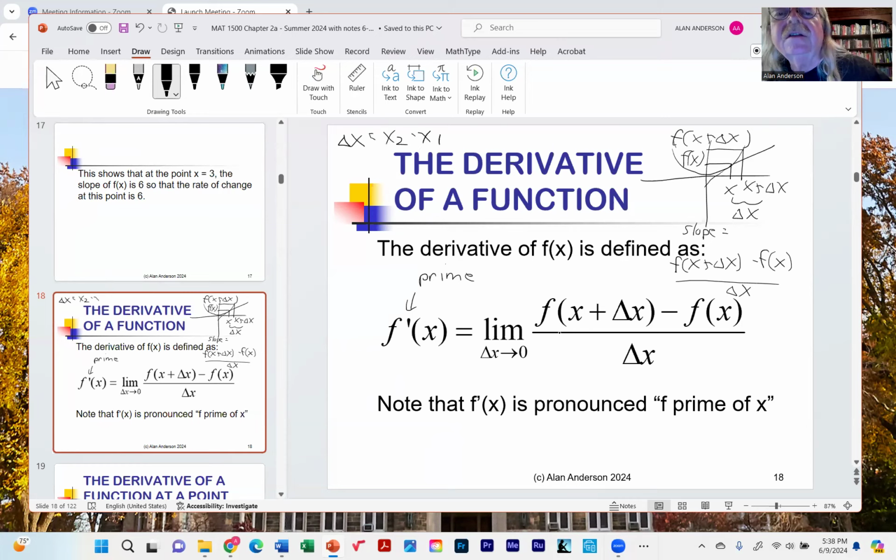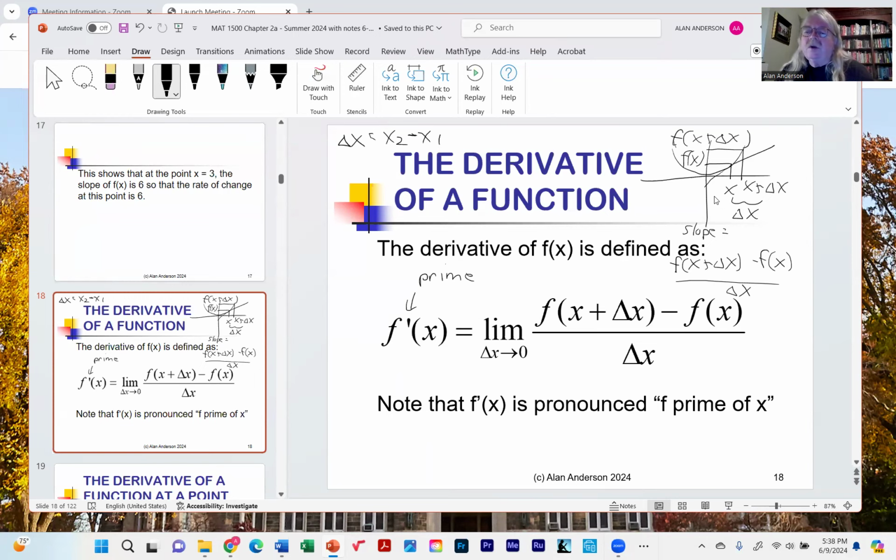So that's why we can write the denominator very simply as delta x. And so now, though, what we need to do is take the limit as delta x gets smaller. So in other words, right now, whatever result we have is the slope only at that point. What we need to do is shrink up delta x as close as possible to zero to find the derivative. Okay. And so we're going to take the limit as delta x goes to zero.